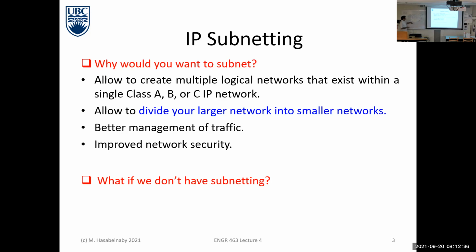So instead of having 2 class C IP addresses, we will buy only 1 class C IP address range, and we will make logical subnetting to allow 2 subnetworks under the main network.